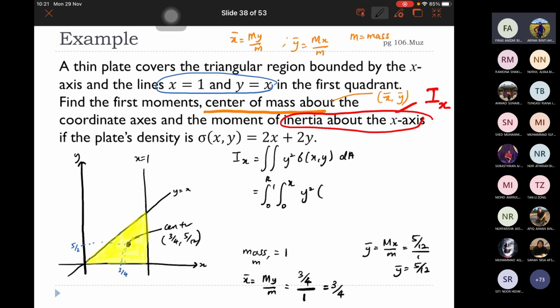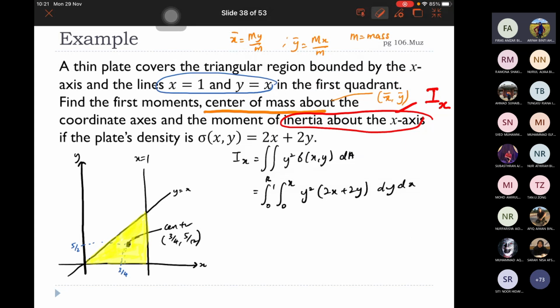Okay, y squared darab 2x tambah 2y dy dx. Okay, so calculating for this one akan dapat sama dengan integration 0, 1, 0 to x, 2xy kuasa 2 tambah 2y kuasa 3 dy dx.